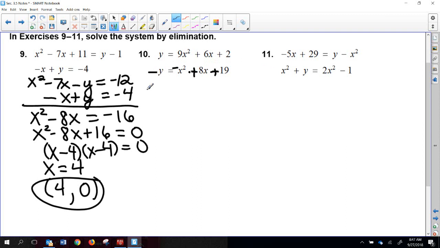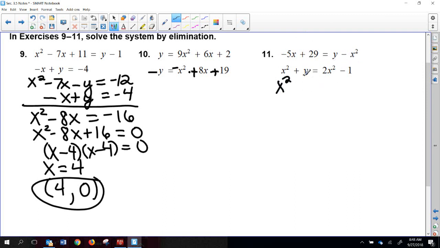All right, we'll go ahead and do number 11. This one's a little tougher. So thinking about getting these set up in the same order, okay? I can either get the second one in the same order as the first, or the first in the same order as the second. I'm going to rearrange this one to make it match that one. So I'm going to have to take my x squared over. It's going to become positive.